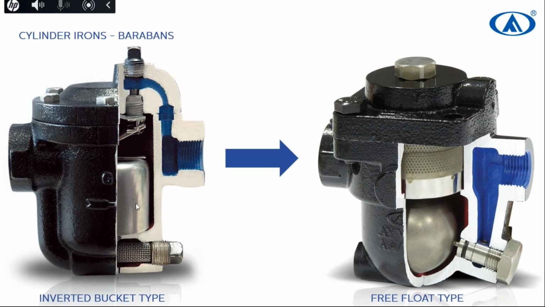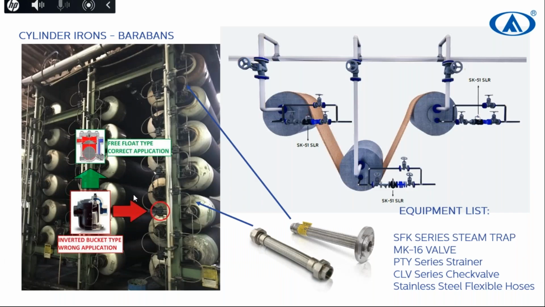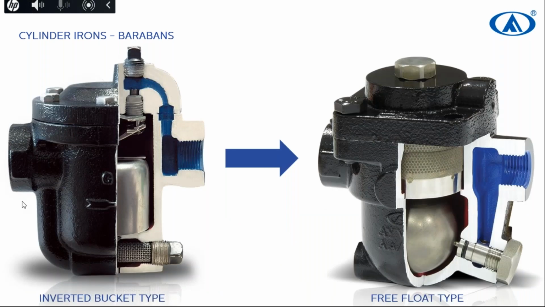Air can lock this inverted bucket type, and you need to wait for the air drain, the air releasing hole, to work properly, and you will waste time and condensation will collect inside these cylinders. Instead of inverted bucket type, you need to use free float type because it will discharge air and condensate both together.